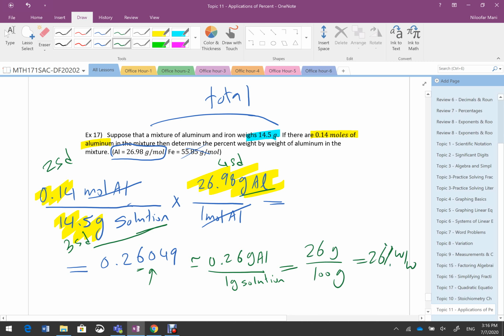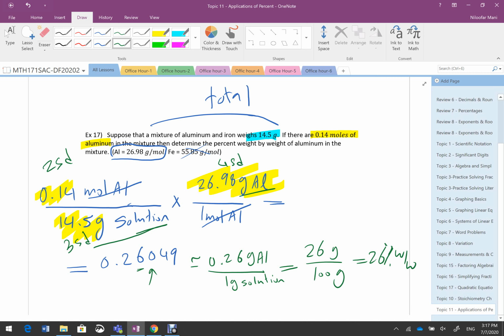Okay? Read the question carefully, always. Just say, what do I have? What do I need? And how can I go there? I have total weight for solution. Perfect. And I need percent weight by weight. So I am fine with the denominator. The top is mole. So I have to change mole to gram. I need to use molar mass.